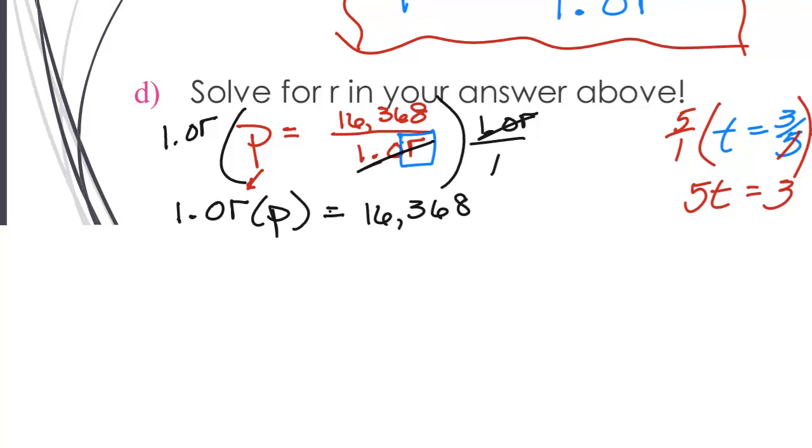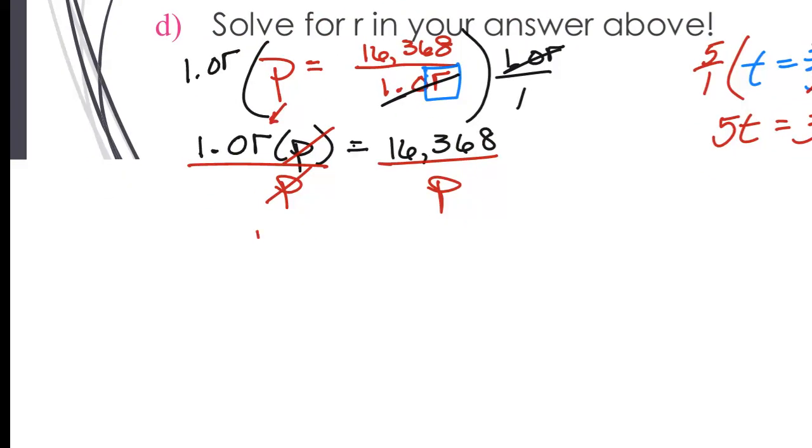Yes, we need to divide by p, right? We don't need that p variable in there. And we know 1.0r is being multiplied by p, so let's divide by p on both sides. P's simplify out. I get 1.0r equals 16,368 divided by p.